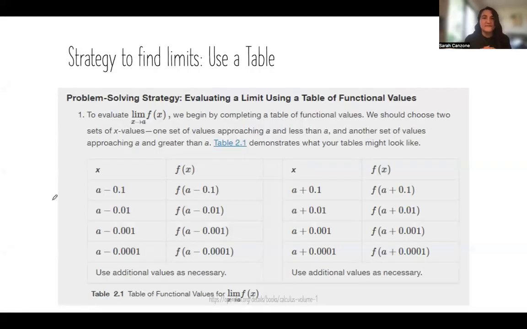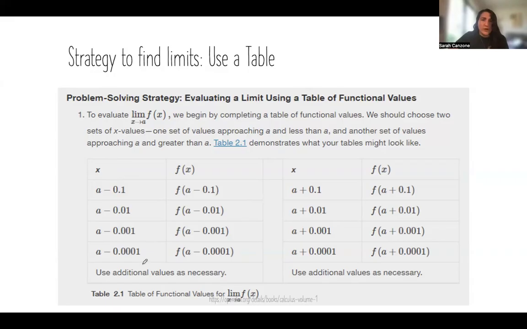All right, now if we're looking to find a limit using a table, we can use this idea. Now, this is kind of big and kind of scary, so let me just give you the rundown. Essentially, we want to choose values really, really close to the x value we're looking at, from the left and from the right.